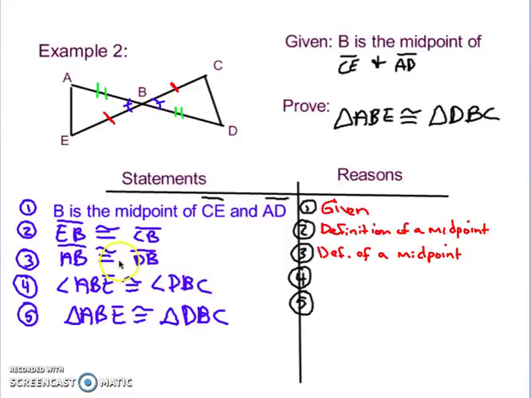And for that, we can write that vertical angles are congruent.